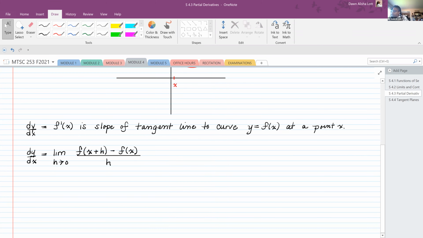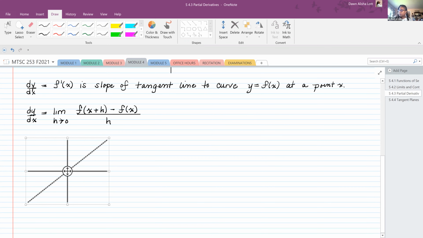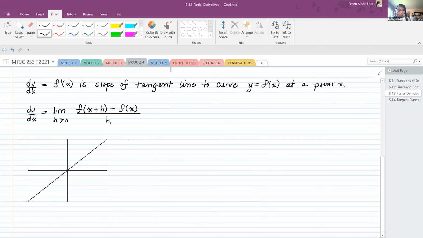Now here's the thing, in 3 space, so we're back to Calc 3 again. In 3 space, I have some function, and who knows what it looks like.